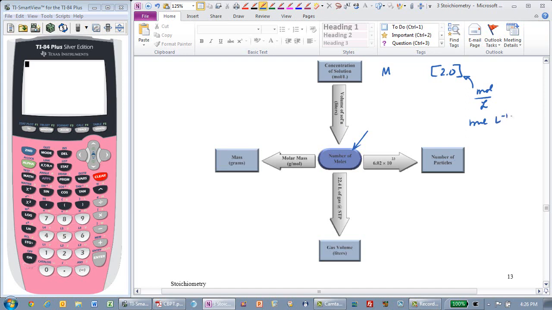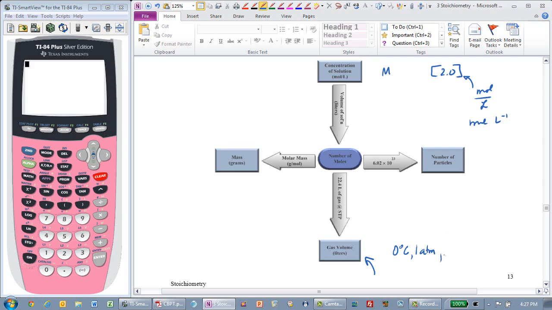Let the parade of synonyms and like expressions begin. So, if I know the mass in grams, I will go against the arrow and divide by molar mass to get to moles. If I know the gas volume in liters at STP, standard temperature and pressure, 0 degrees Celsius, 1 atmosphere of pressure, 760 millimeters of mercury, 101.3 kilopascals, choose your pressure unit.